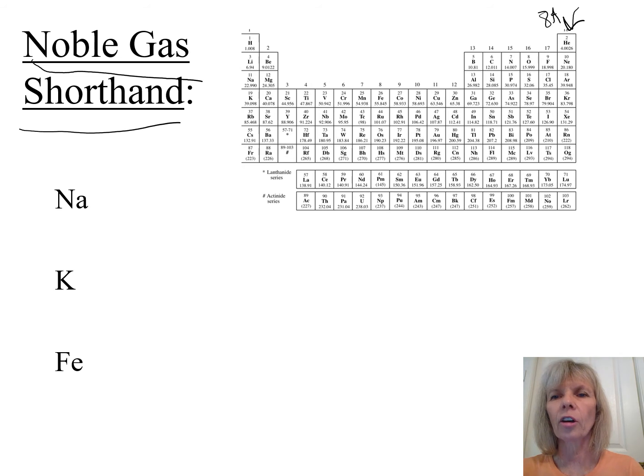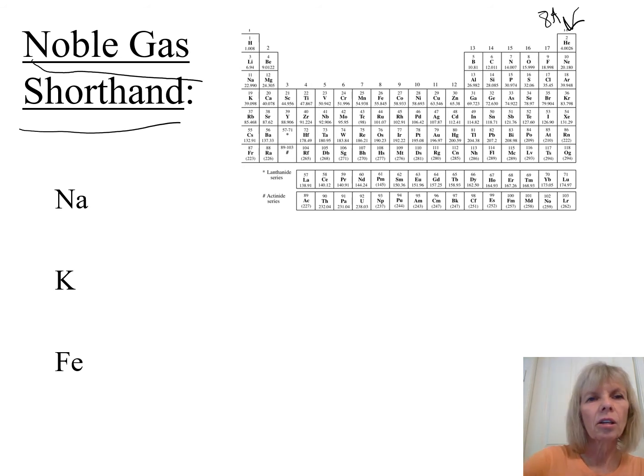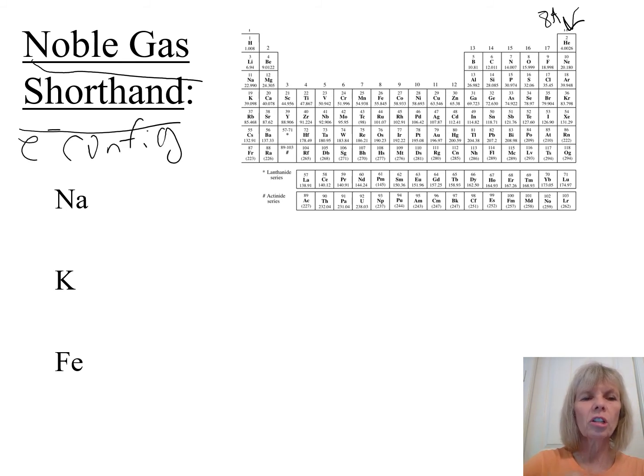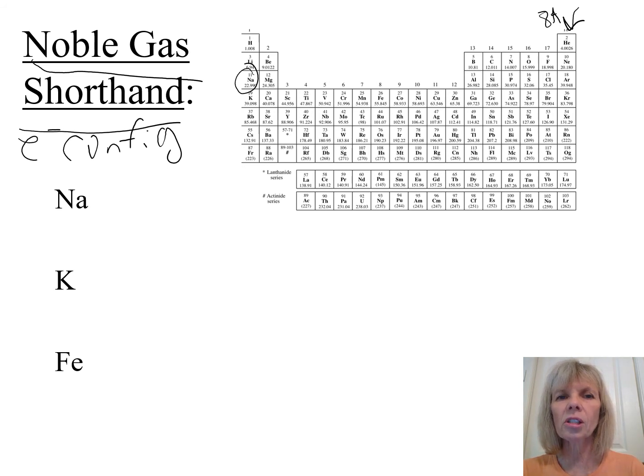So this is where we find our noble gases. To write a noble gas shorthand electron configuration, you find your element, sodium, which has 11 electrons. You find the noble gas that has the number of electrons closest to sodium but not more. In this case, it's going to be neon.